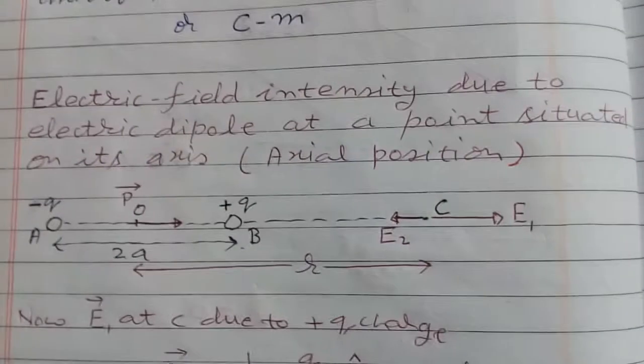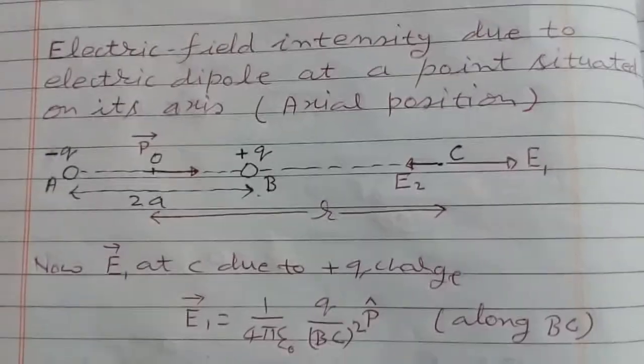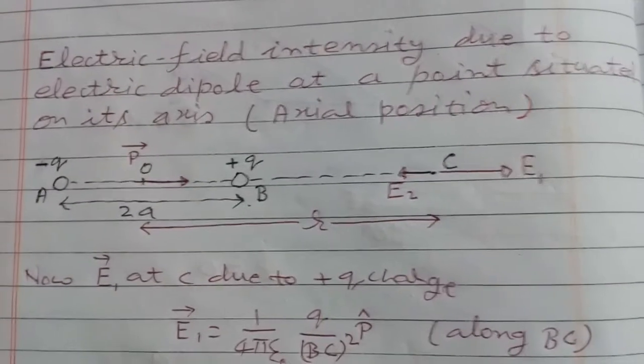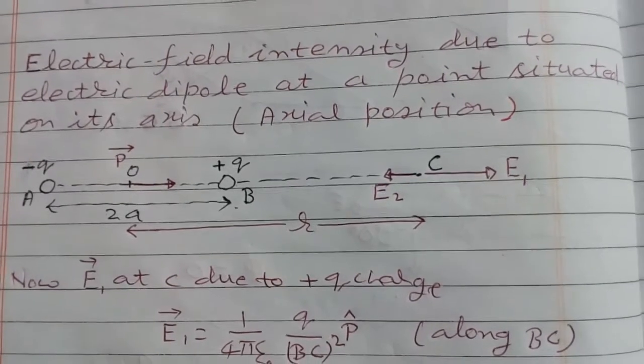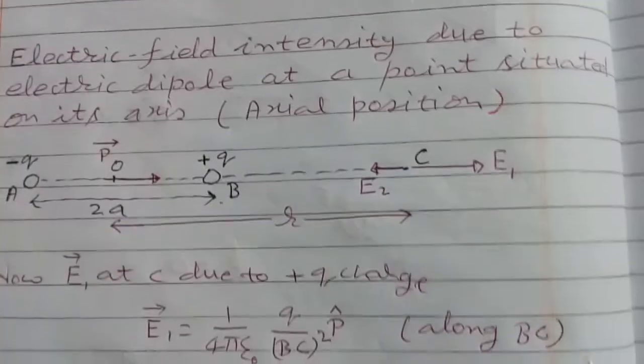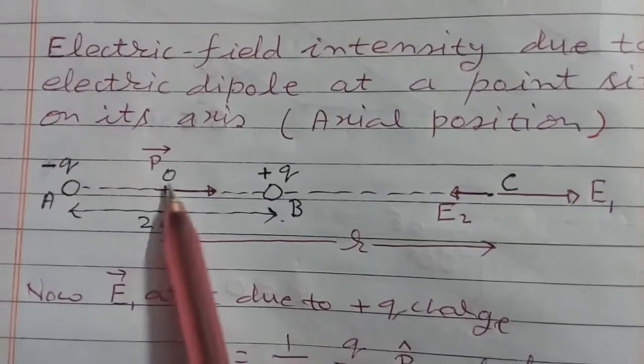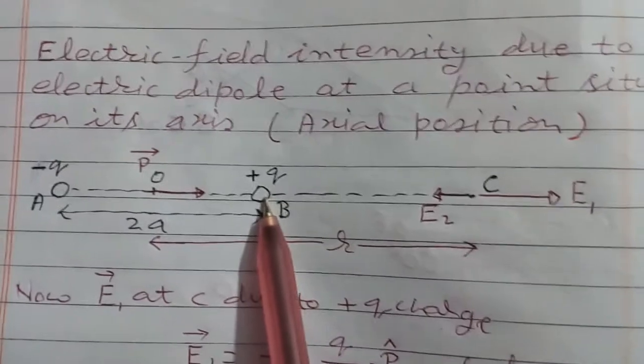Now next topic is to derive a formula for electric field intensity due to an electric dipole at a point situated on its axis, known as axial position. As you may see here, this is minus q charge and this is plus q charge.